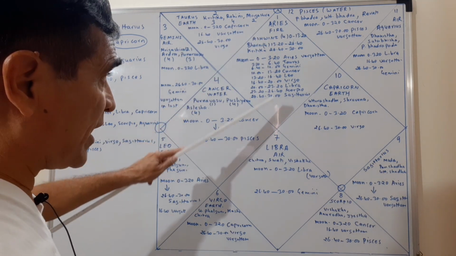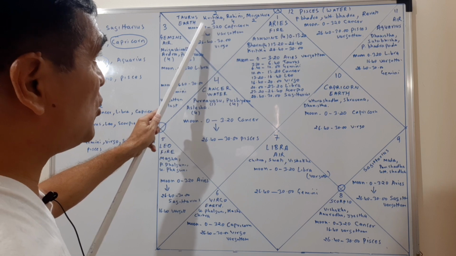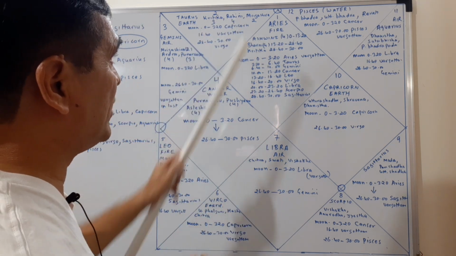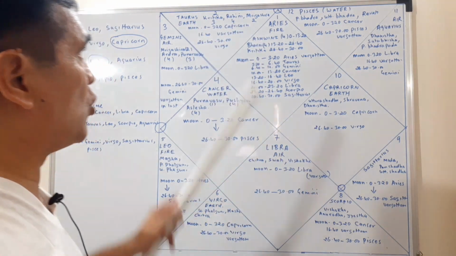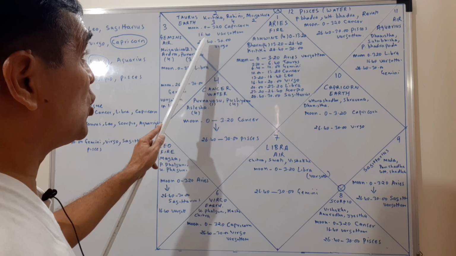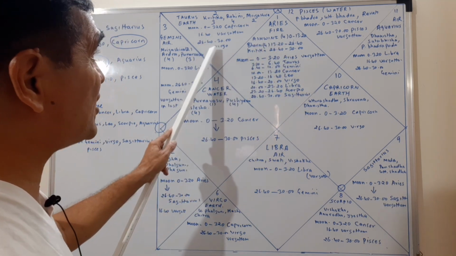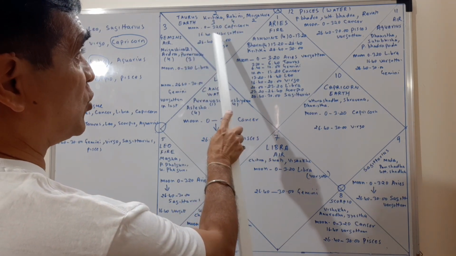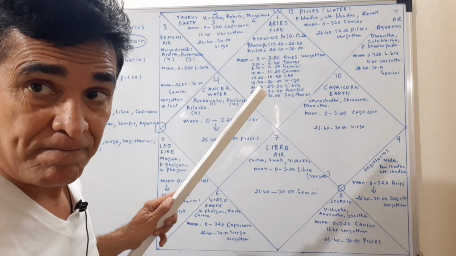I'm not giving you the entire thing, but the moon from 0 to 3.20 will show Capricorn, and it will follow Capricorn, Aquarius, Pisces, and so on. In Aries the Vargottama was Aries, but in this sign the Vargottama will come at 26.40 to the end. This is the last part which will show as Vargottama.